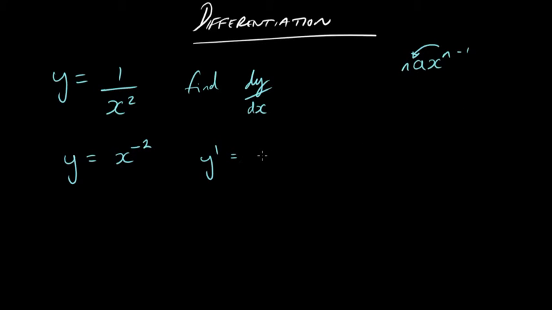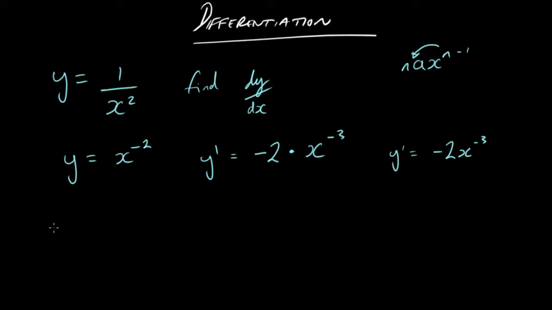So let's bring the power down, and even though it's negative we still bring it down, so it becomes minus 2 times x, and instead of x to the minus 2 we take 1 away from that power, so minus 2 take away another 1 is minus 3. So the derivative is equal to minus 2 x to the minus 3.